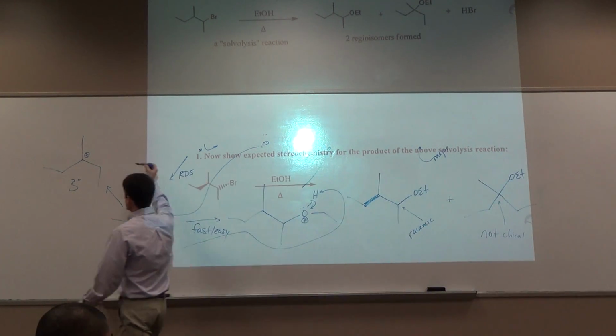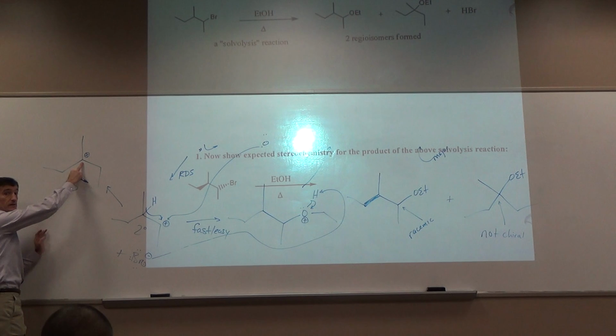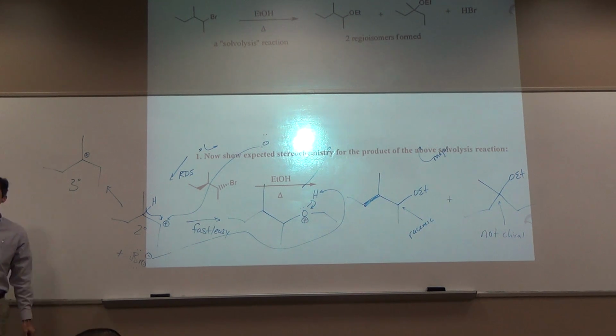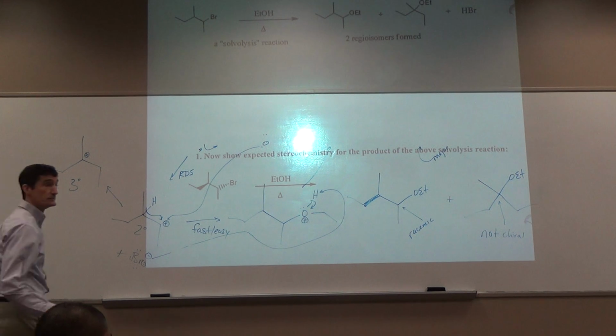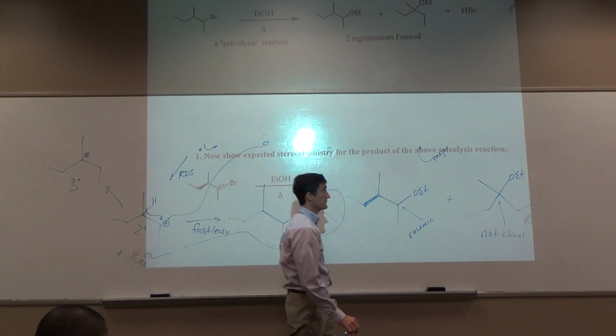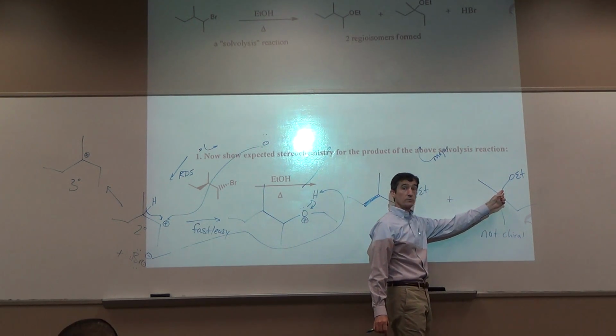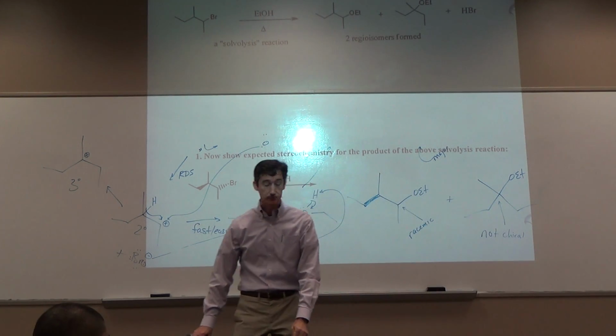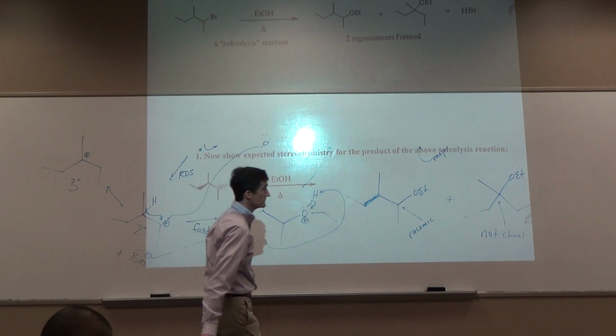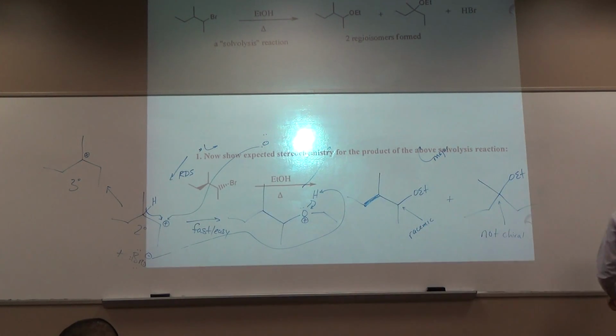I mean, yes, when this gets attacked, it gets attacked from both sides, but regardless of which side it gets attacked, it's the same product. Right? I could draw this one dash to one bold, but it's the same exact product. So I'm not even going to show anything, right?